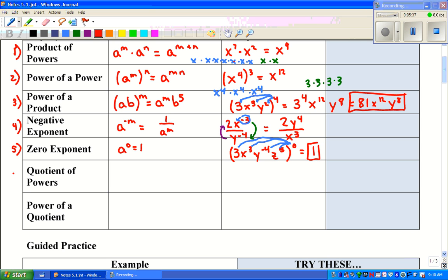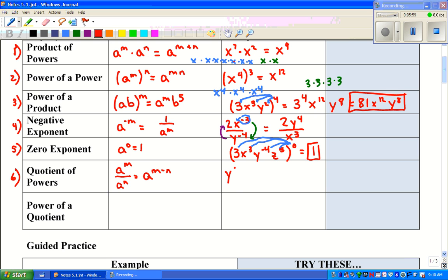And the reason for that is because of the quotient of powers. This one says if you have a to the m power and you have a to the n power, what you're really doing when you divide is subtracting your exponents, a to the m minus n. An example would be this.